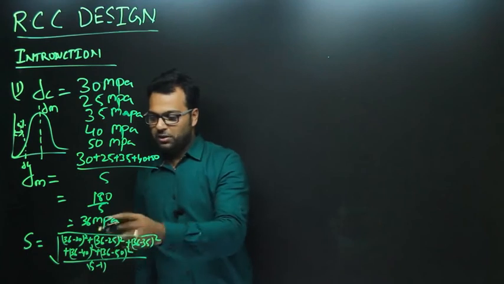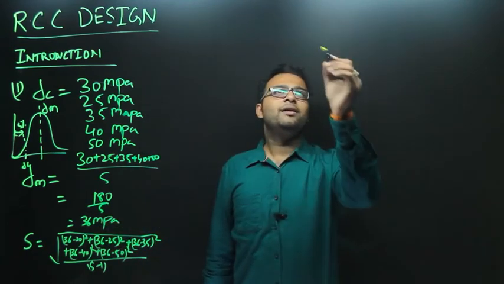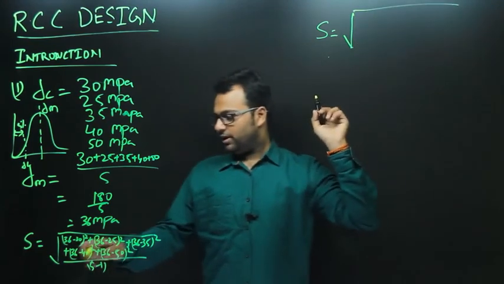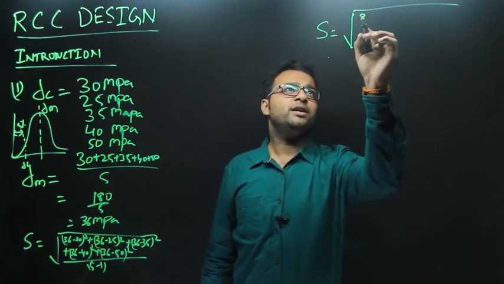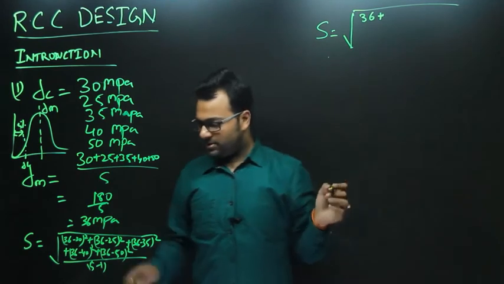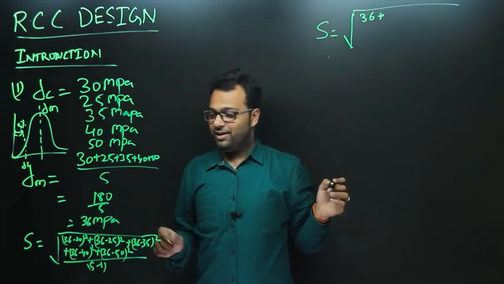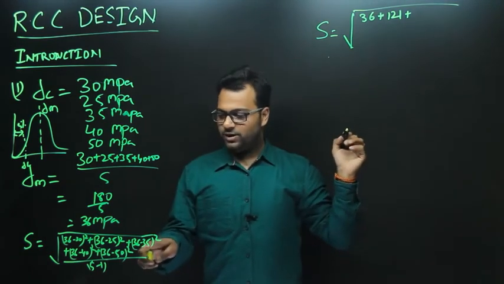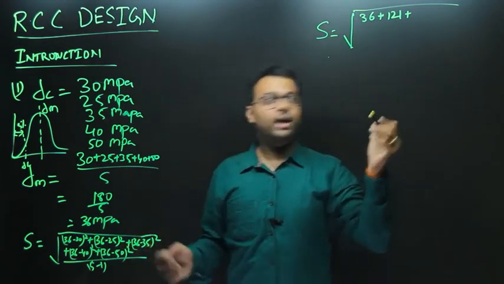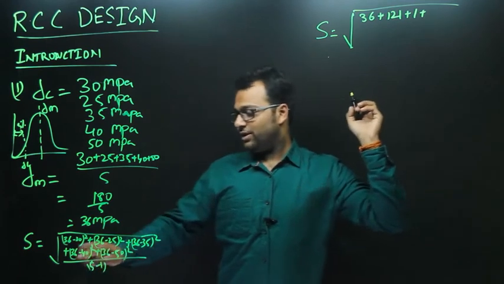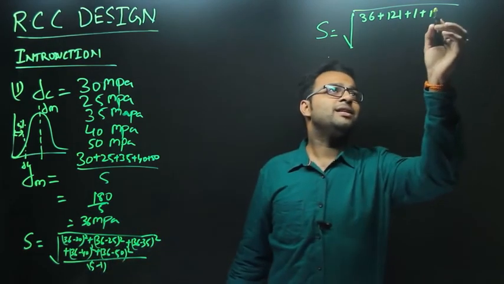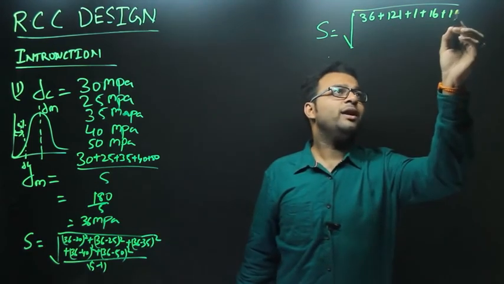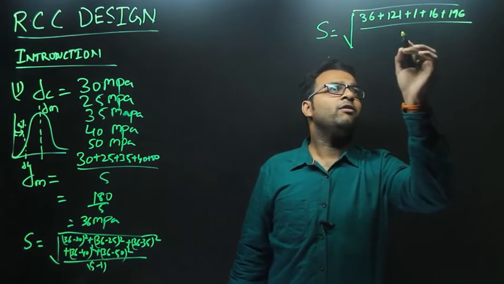I think the numbers will become somewhat random. Let's try to solve and see how the numbers come out. 36 minus 30 squared is 36. 36 minus 25 is 11, 11 square is 121. 36 minus 35 is 1, 1 square is 1. 36 minus 40 is 4, 4 square is 16. 36 minus 50 is 14, 14 square is 196, divided by 4.